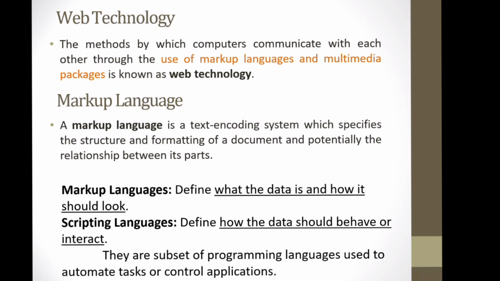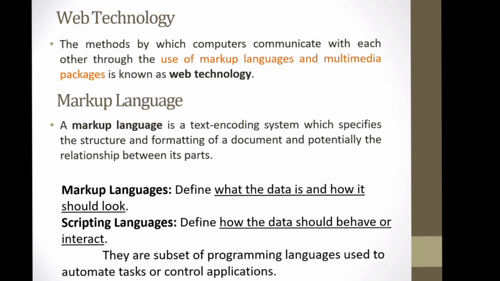So see, this is automation, right? And there is exchange of information between the different components. So it is designed by the scripting language. Scripting language decides how data will behave and how data will communicate with each other. The behavior of data is decided by the scripting language.